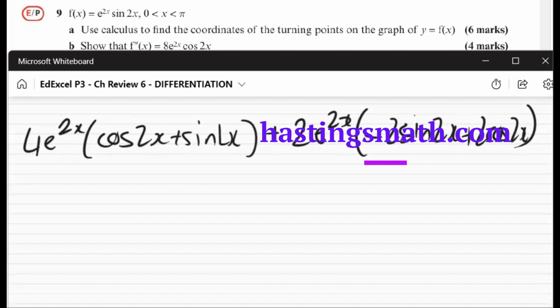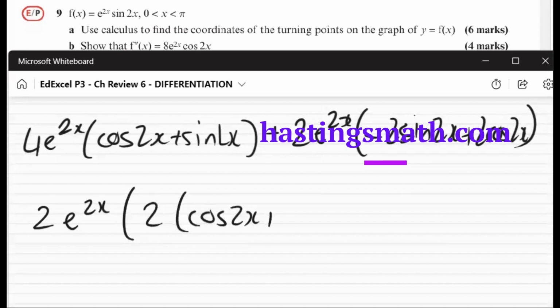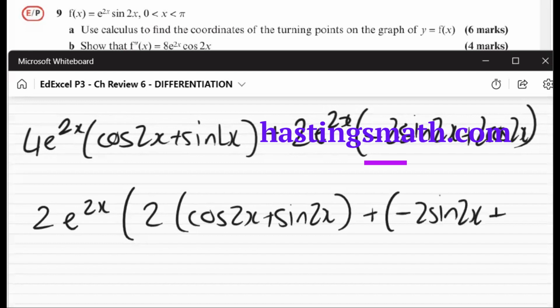So we take out a 2 e to the power of 2x. Let's see what happens. We end up with 2 times cos 2x plus sine 2x left over, and then it'll be plus minus 2 sine 2x plus 2 cos 2x.